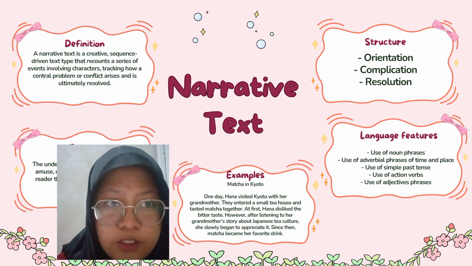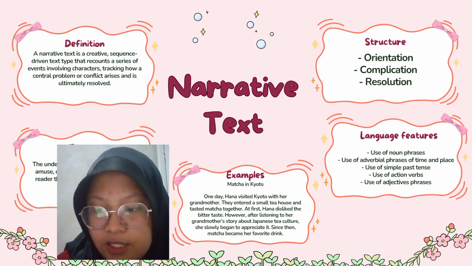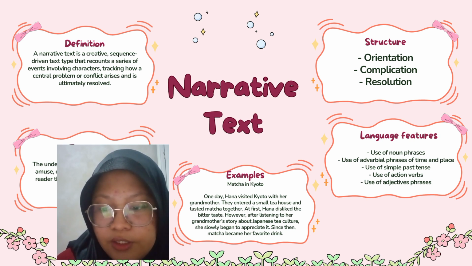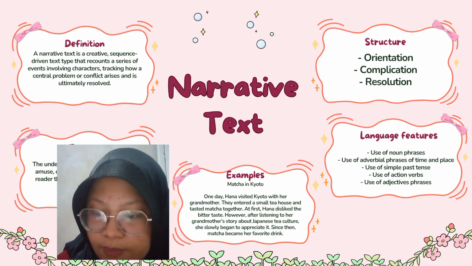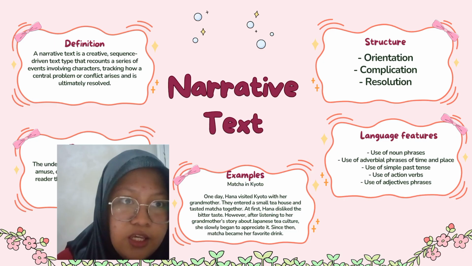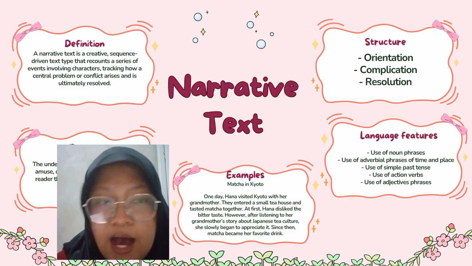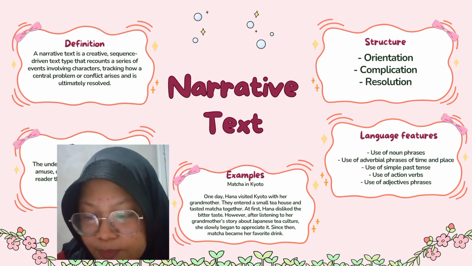The orientation part is: One day, Hana visited Kyoto with her grandmother. She entered a small tea house and tasted matcha together. And then here comes the complication: At first, Hana disliked the bitter taste.